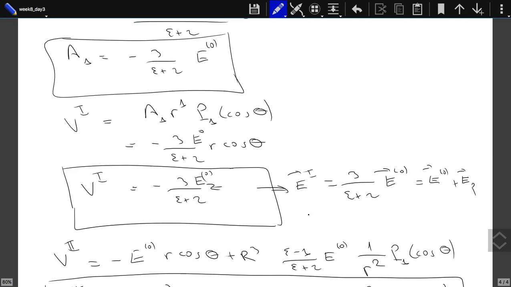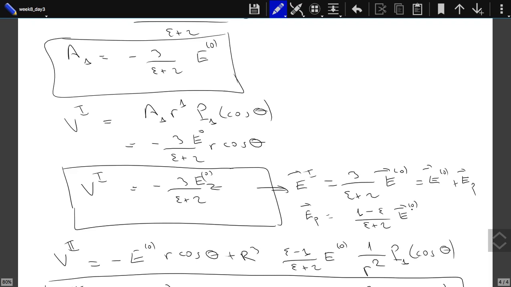And hence this electric field due to the polarization is actually (1 minus epsilon) divided by (epsilon plus 2) times E0. It is also uniform. This is in the opposite direction to the applied electric field. Furthermore, it doesn't change from point to point. This is a constant.